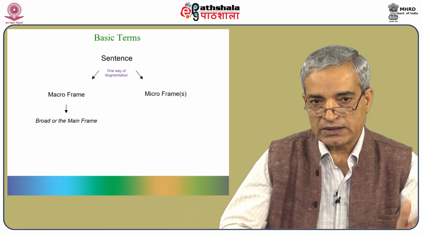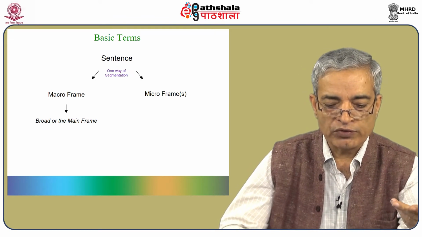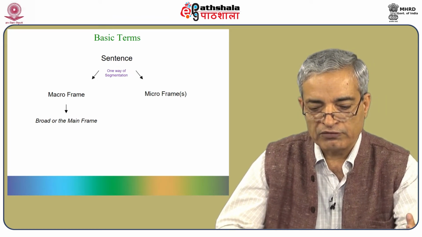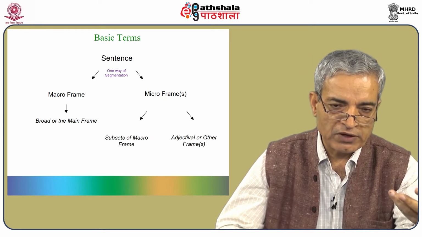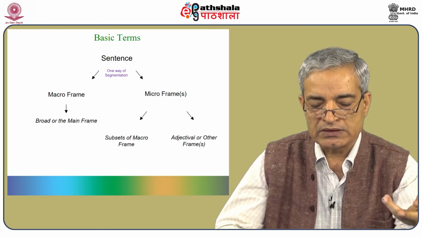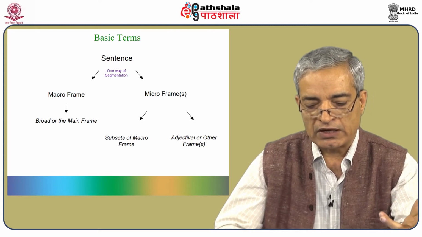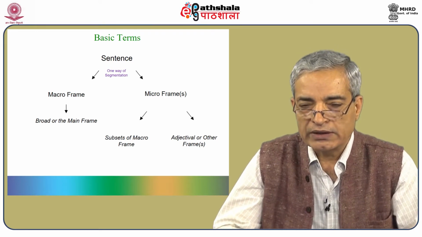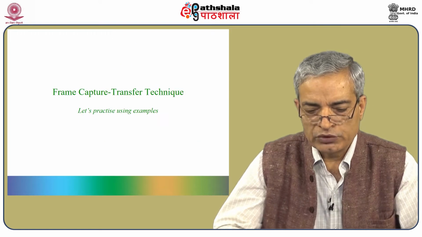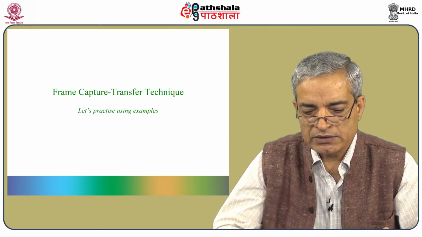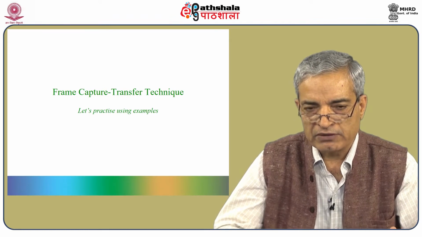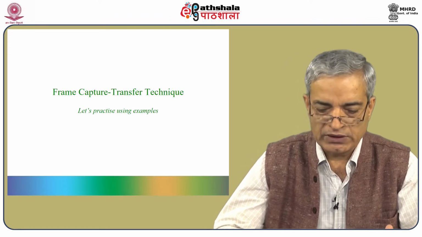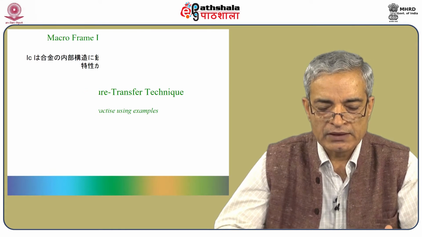Then, as I explained earlier, the macroframe gives you the broad or main frame, whereas the microframe covers various things, and one could be that it's a subset of the macroframe, an adjectival or independent frame also. This particular concept is actually simple, but you will understand it much better when you see some examples. So let's see some examples.